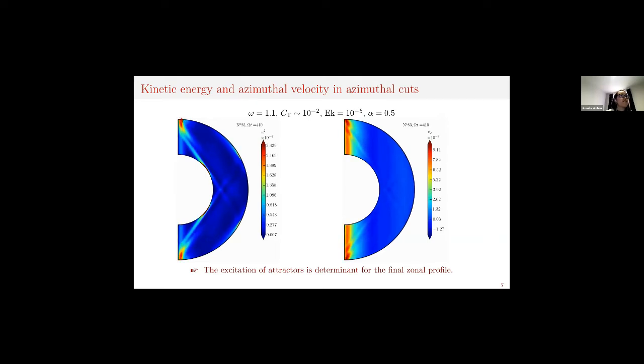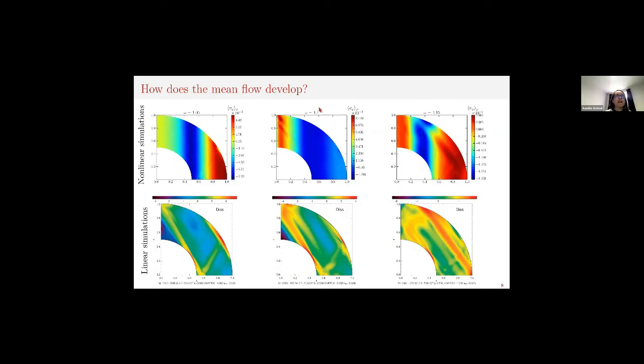And due to this non-uniform deposit of energy, a zonal flow is going to be triggered inside the shell from the rotation axis to the other cylindrical radius. And in fact, the shape of this attractor, actually the reflection point here near the rotation axis and the critical latitude here, are really determinant to know what the final flow profile is going to be. And I have some examples of what I'm saying here.